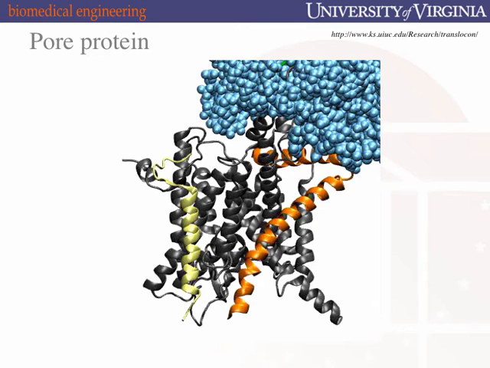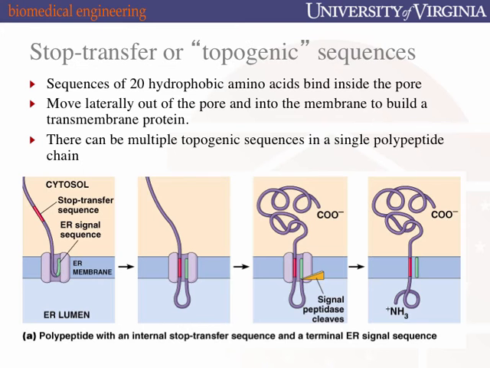What about transmembrane proteins? That doesn't appear to address the transmembrane protein issue. Here we have another type of sequence called either a stop transfer sequence or a topogenic sequence. Topogenic just means it provides information on the orientation and the topology of a translated protein in the membrane.